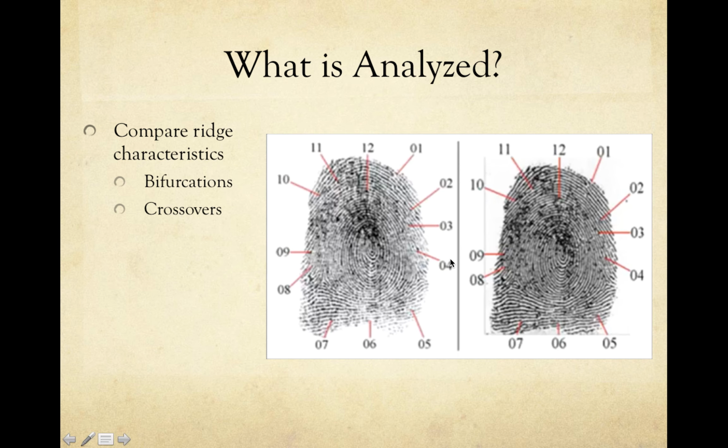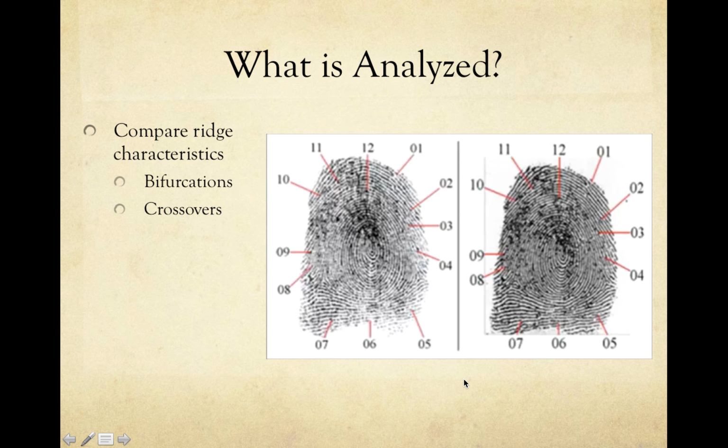You can see on this picture with these numbers, these are the characteristics that they noted to be similar across these two fingerprints. So they look at things like bifurcations, where the ridge splits, which is very important, and sometimes they look at crossovers, and they've determined that this happens at various points in between these two fingerprints.